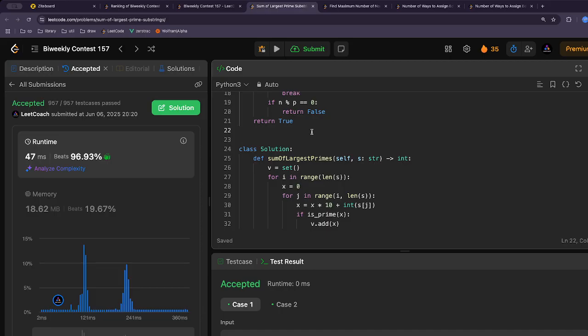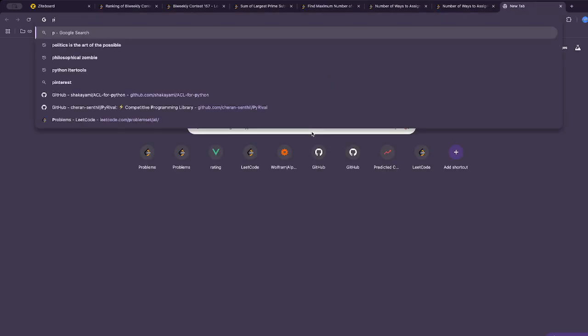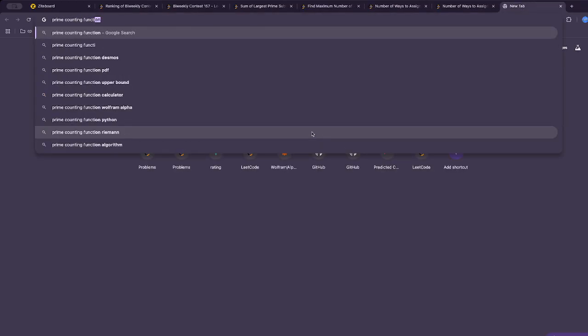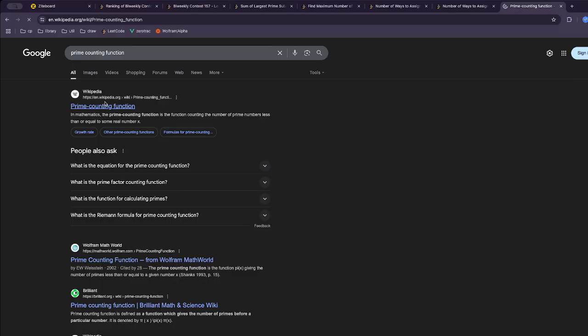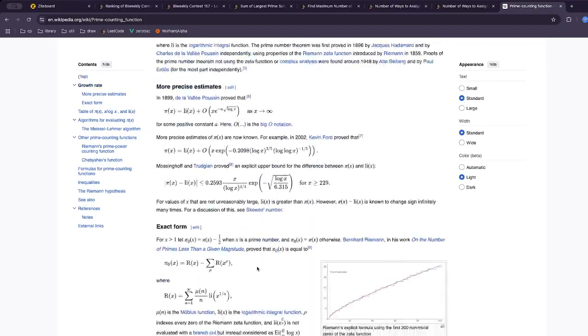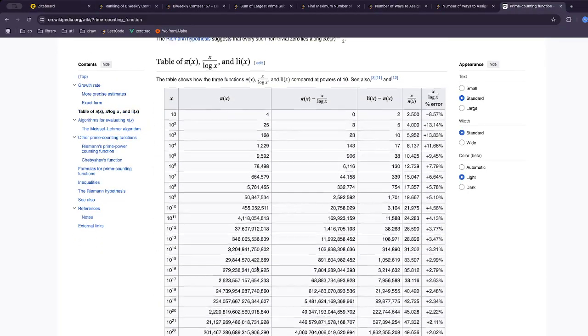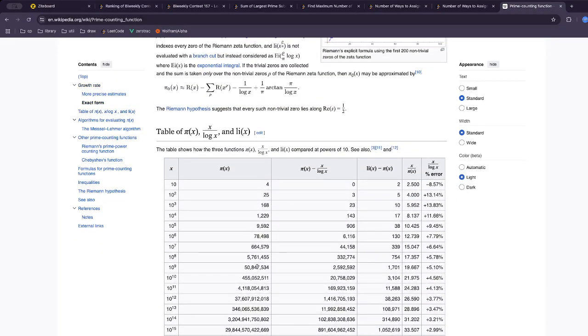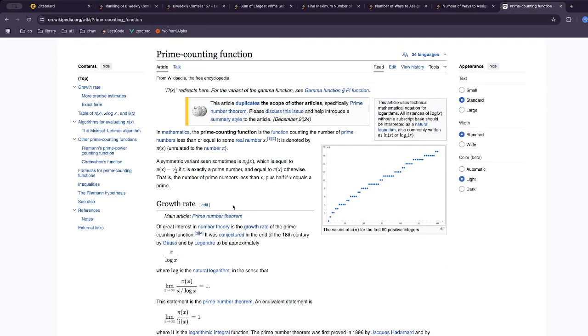This actually makes a lot of sense, because if you think about the prime counting function, if you look at how many primes there are less than 10 to the, so this function counts how many primes there are less than each number, right?